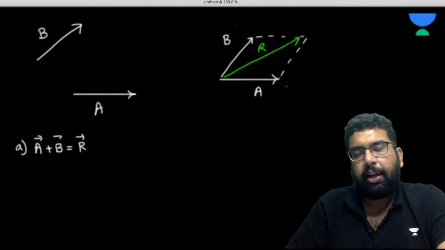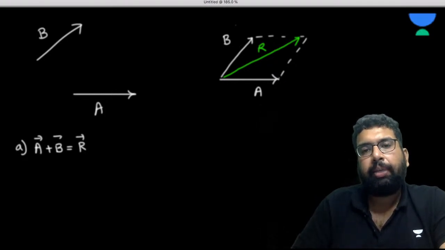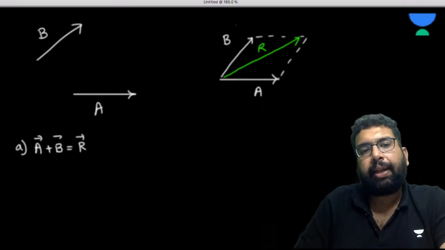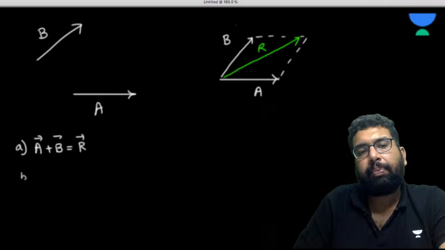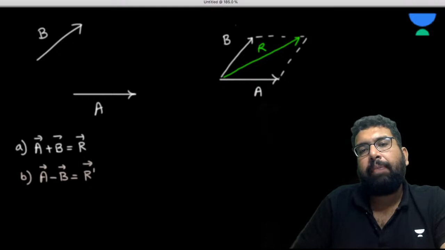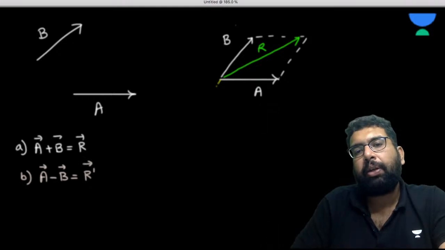Now, similarly, if you see A minus B, let's suppose vector A minus vector B, the resultant to it is R dash vector. Now, negative of vector B means that we are referring to this one.